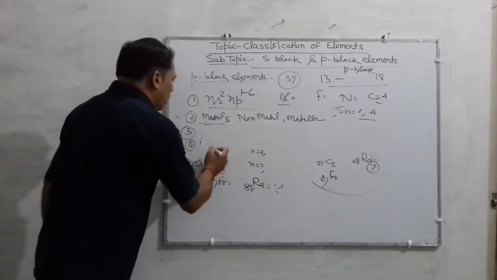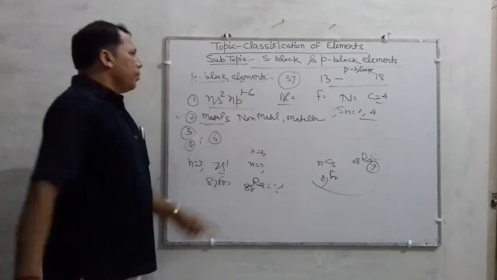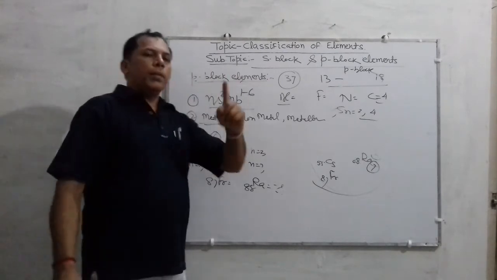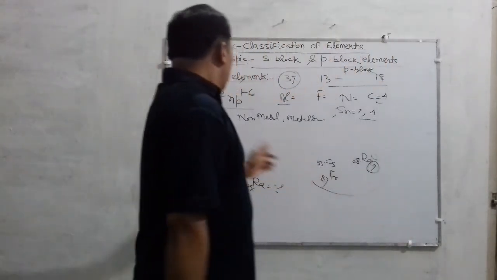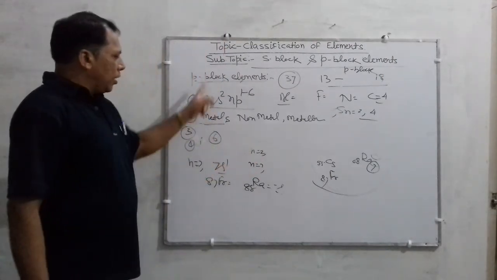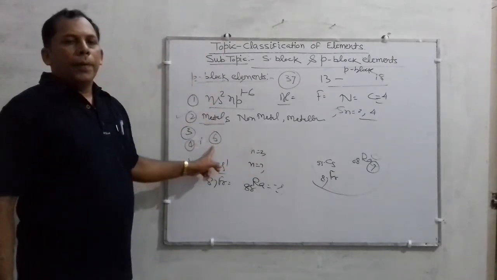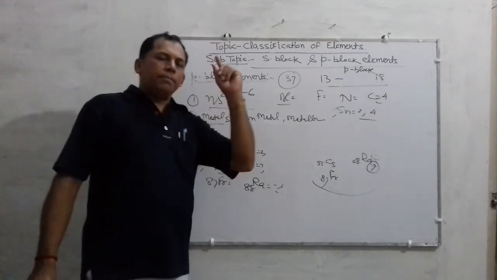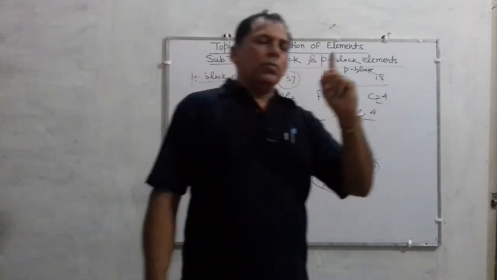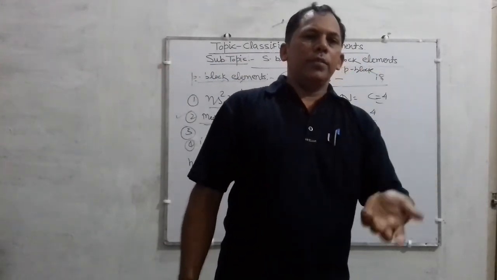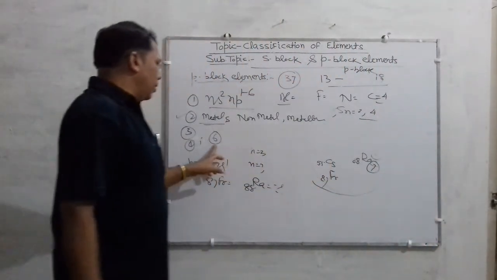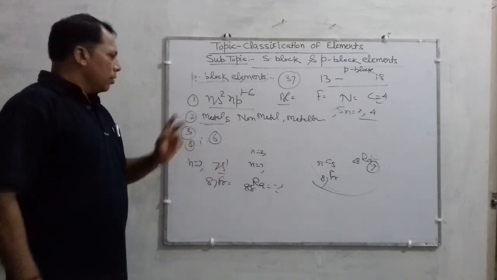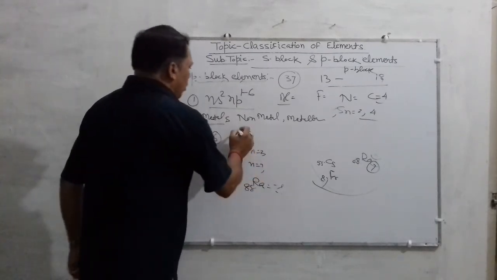Next property, the elements which are present in P block possess low IP, means ionization potential, electron affinity and electronegativity. Okay. So next property, one more.